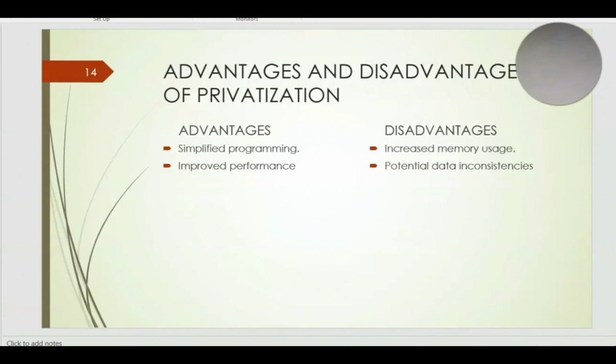On the side of disadvantages, we have increased memory usage. Creating private copies of variables for each thread can increase memory usage, especially when dealing with a large dataset or multiple threads that need more memory storage.